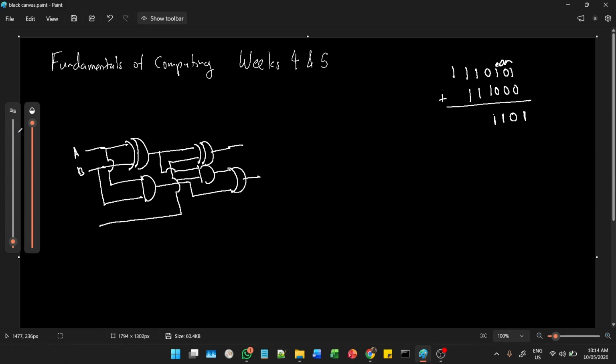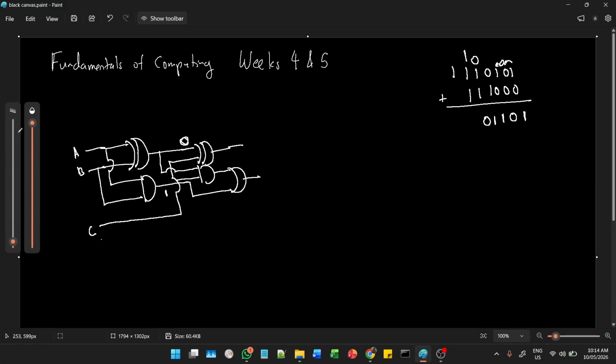Same happens here. Let's look at this. A 0 is getting carried over here. So 1 plus 1 makes a 0, but there's a 1 over here now. Now look at this. When this 1 gets carried over, this works as a half adder. So the first two values in the addition line, 1 and 1, give a 0 in the sum and 1 gets carried over, right?